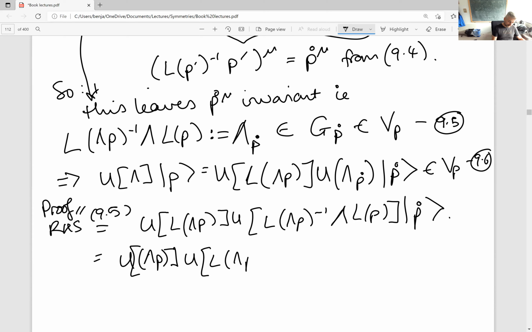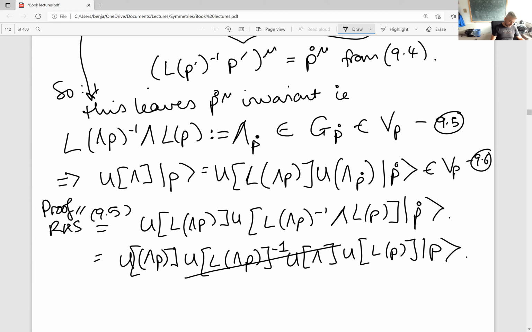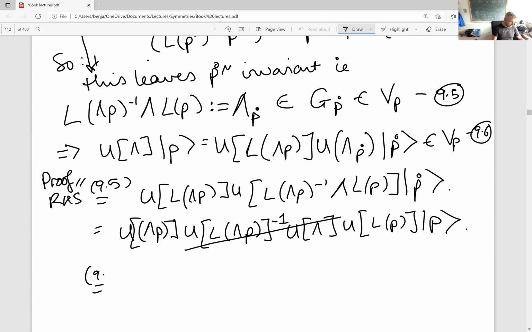By the definition of how the unitary operator works, the -1 comes outside the operator. So by 9.3, this is U of lambda acting on P.